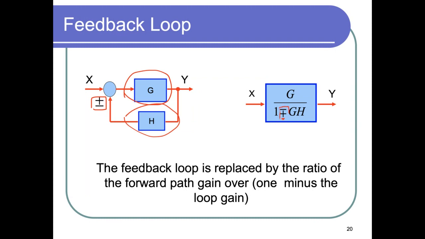So notice here, if this is positive, then you get negative. If this is negative, then you get positive. So the feedback loop is replaced by a ratio of the forward path gain over 1 minus the loop gain. This is called the loop gain because you take a circle, so you have G multiplied by H, and the forward path gain is just G.